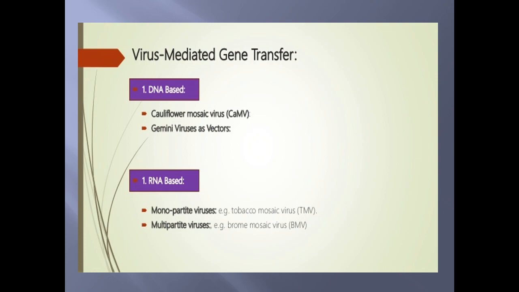DNA viruses include cauliflower mosaic virus and the Gemini viruses, which we use as vectors. RNA-based viruses, especially plant viruses, are the TMV and the BMV, that is tobacco mosaic virus and brome mosaic virus, which have RNA as the genetic material.